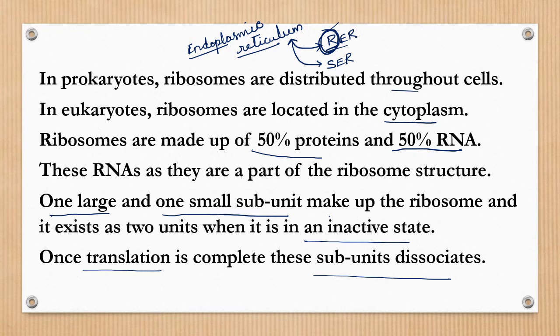Once the translation process is complete, the two subunits dissociate and separate. When they are present separately, that stage is called the inactive state. When these two subunits are joined together, that is the active state, and it is involved in translation.